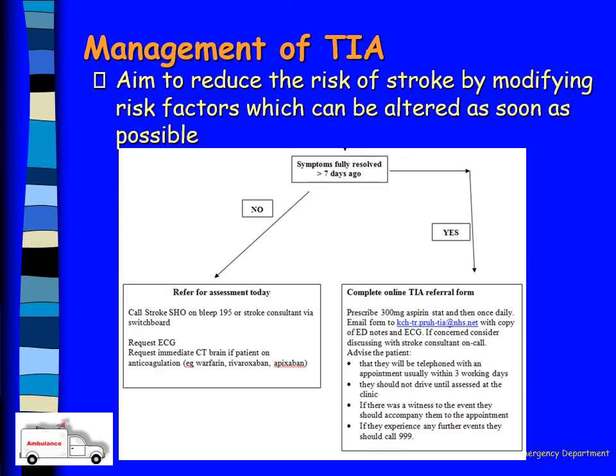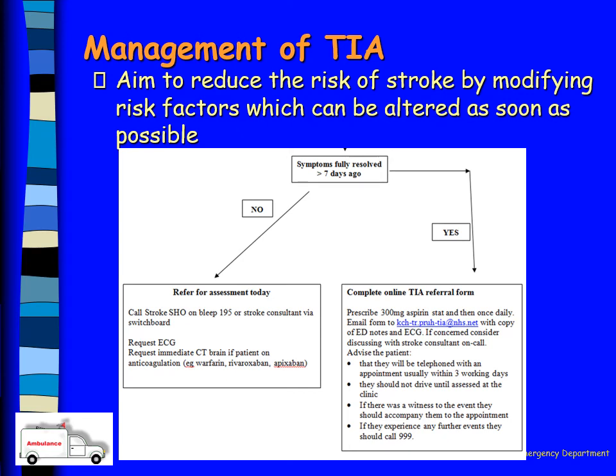You need to tell the patient they'll be telephoned for an appointment, usually within 3 working days, and they should not drive until they're seen at the clinic. Certainly if there's a witness to the event, they should come with them to the appointment so that they can explain to the clinician exactly what's happened, and they must call 999 if they get any further events.